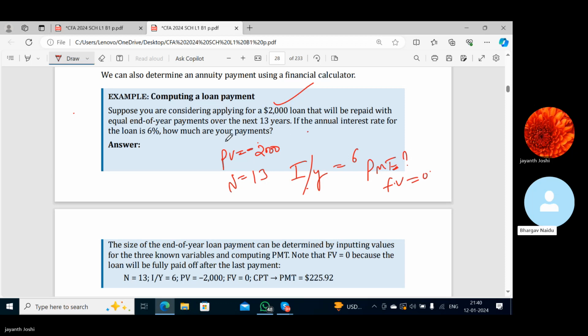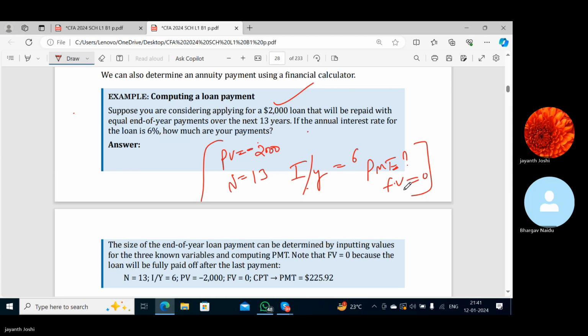Yes, sir. These instructions are for the calculator. You have to go for second, clear TVM, clear work. Start with 13: click 13 and click N. Then click 6 and click I by Y. Then you have to click plus or minus.